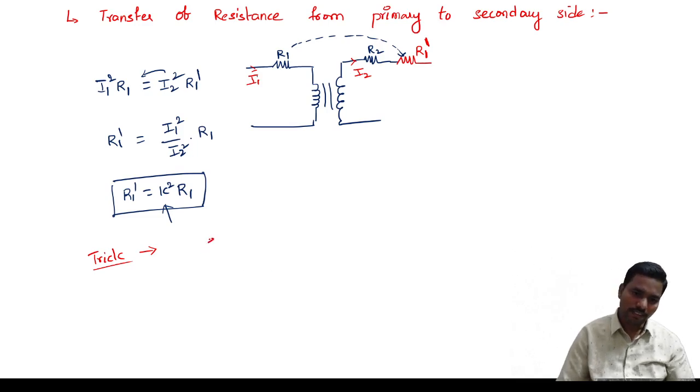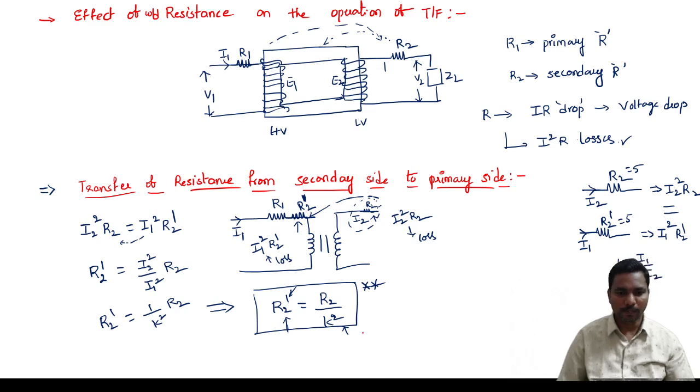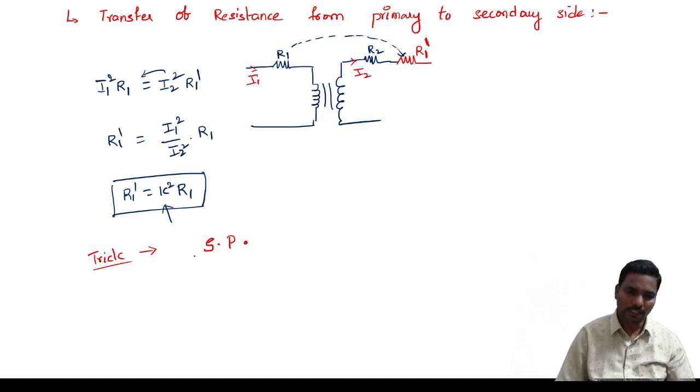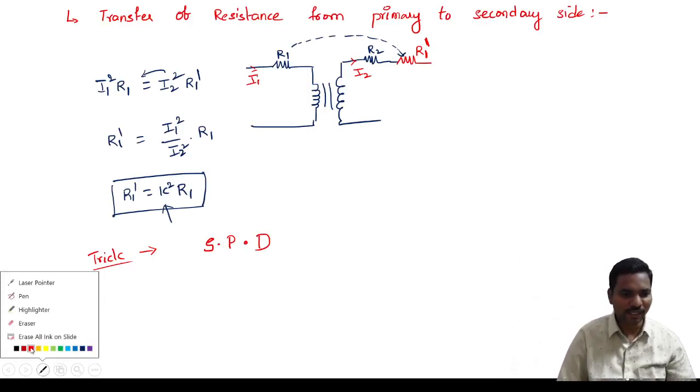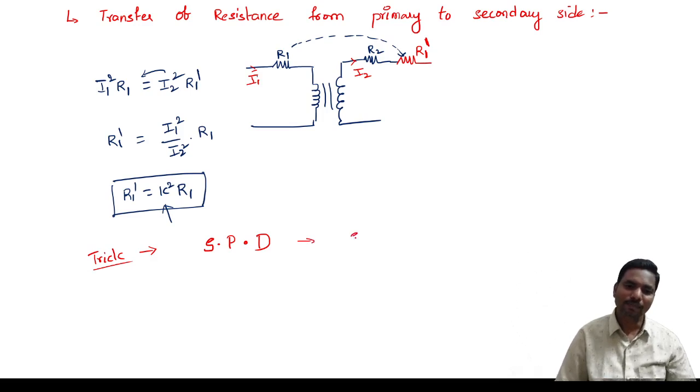First of all, let us take secondary to primary. What do you get? You got division. So secondary to primary is division: SPD. You can make it a simple trick: SP dosa.